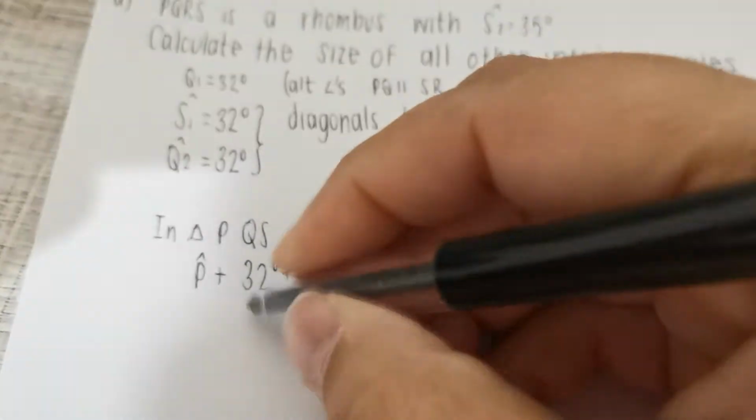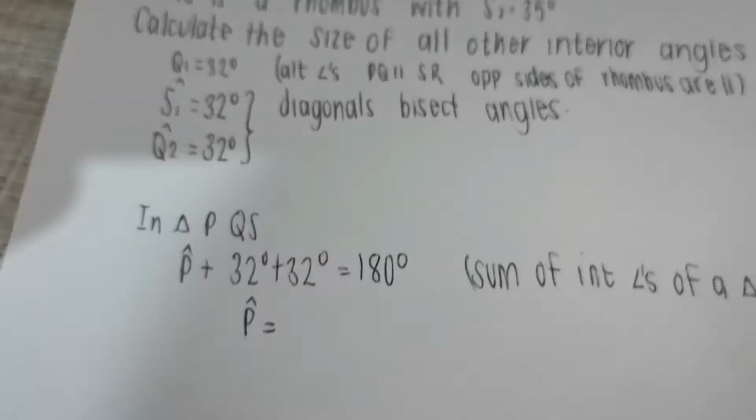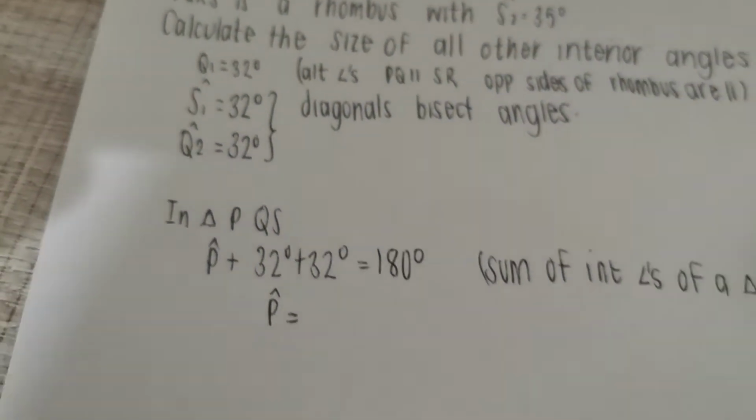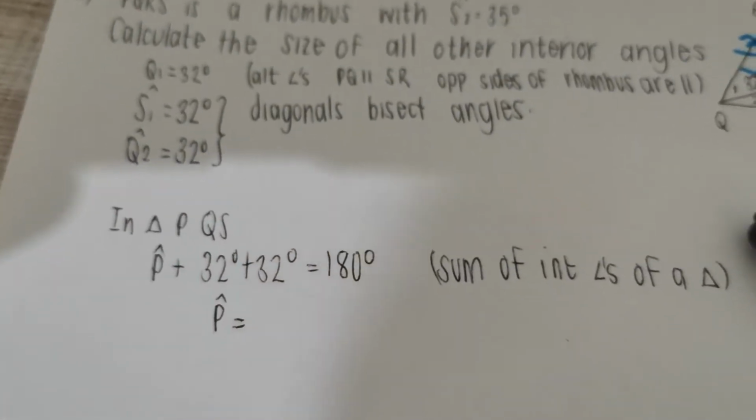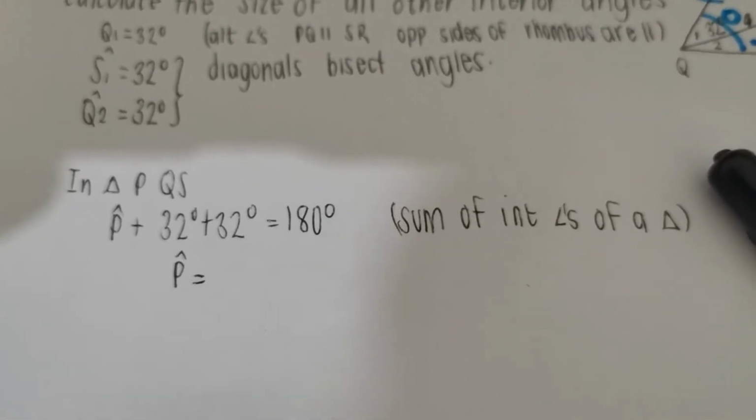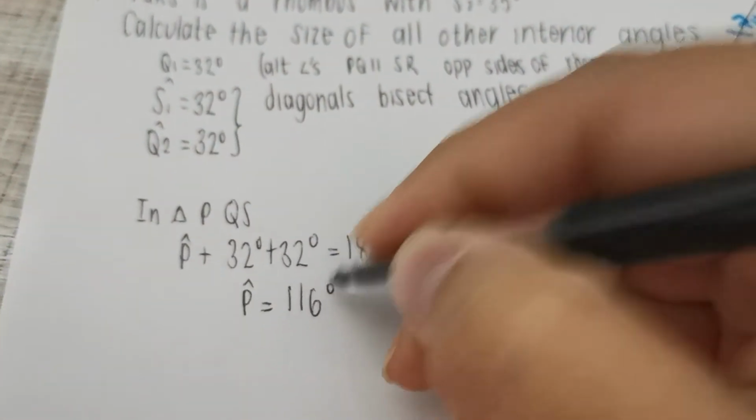Therefore angle P is equal to 180 degrees minus 32 minus 32, which is 116.